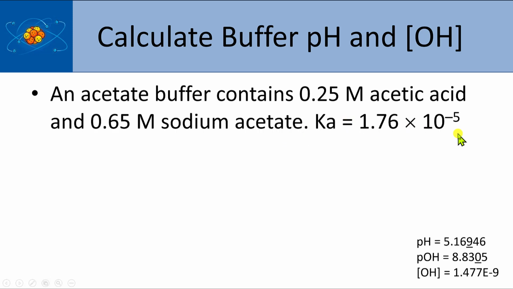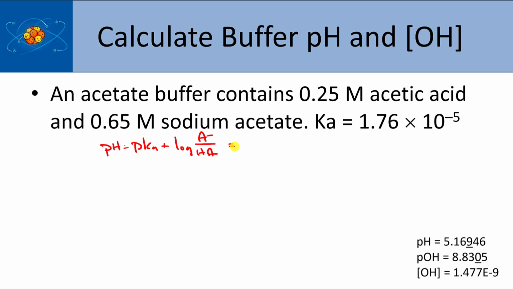Ka is 1.76 times 10 to the minus fifth, and you'll use Henderson-Hasselbalch for this. As long as these are within a factor of 10 of each other, the Henderson-Hasselbalch equation works just fine. So pH is equal to pKa plus the log of the base over the acid, A minus over HA.